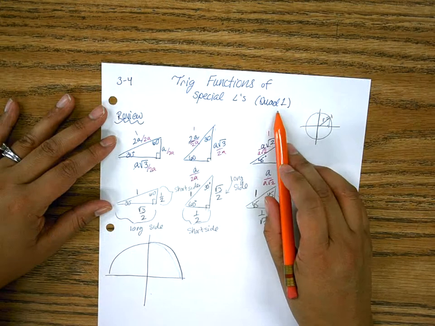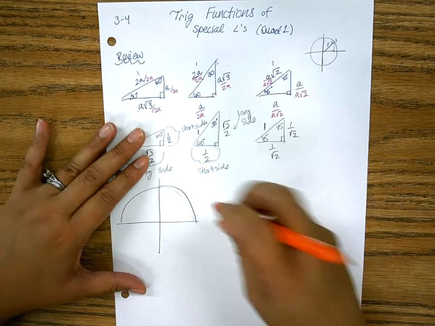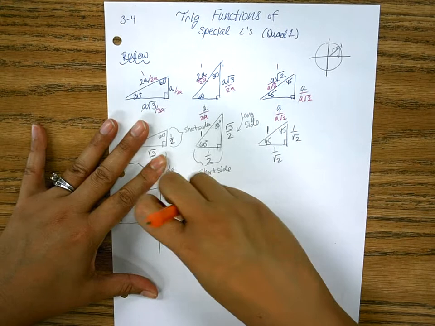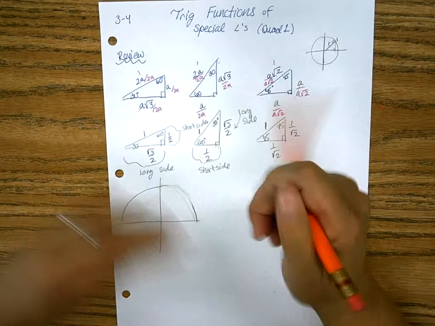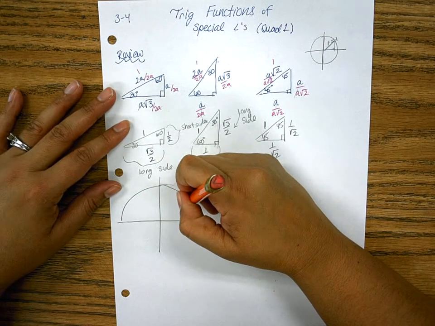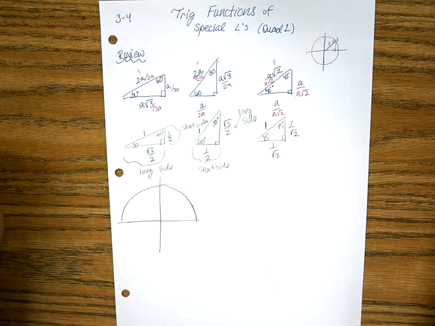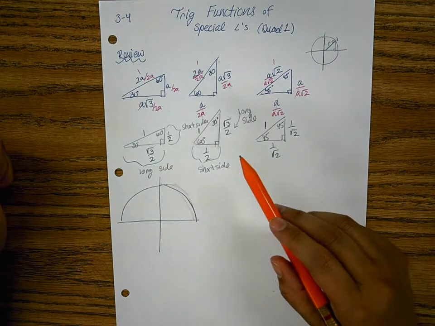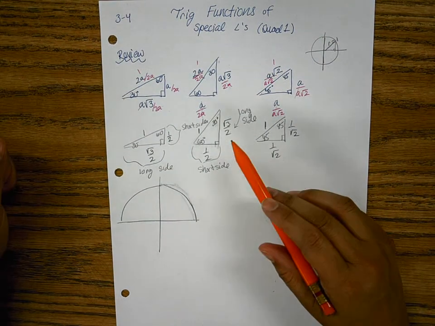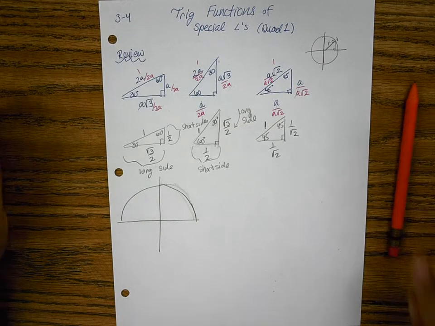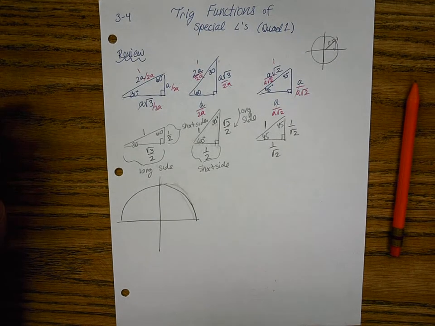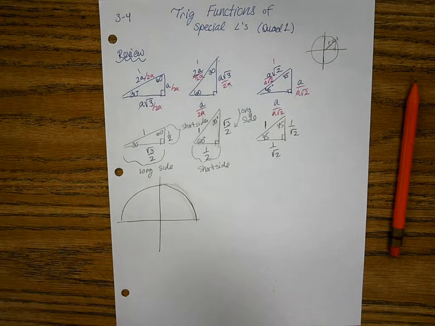We will deal with the other quadrants another day. Okay, what we're going to draw is our 30 degrees, our 45 degrees, and our 60 degrees. Okay, so let's see if I can get this done.